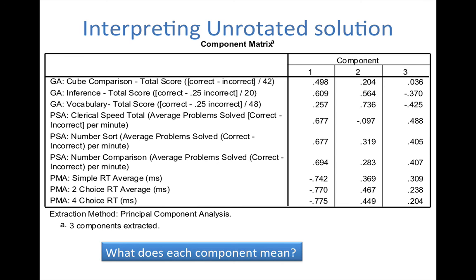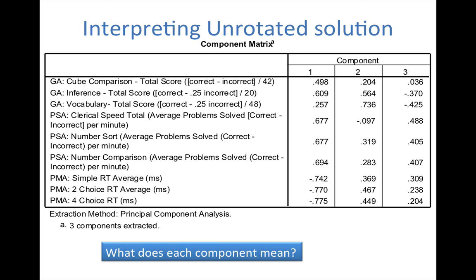So maybe there's something special about vocab that's quite distinct from what's common amongst these other measures. If we go to the second factor, it seems to be mostly inference and vocab. And interestingly, it's kind of loading positively on the psychomotor. So the slower people.